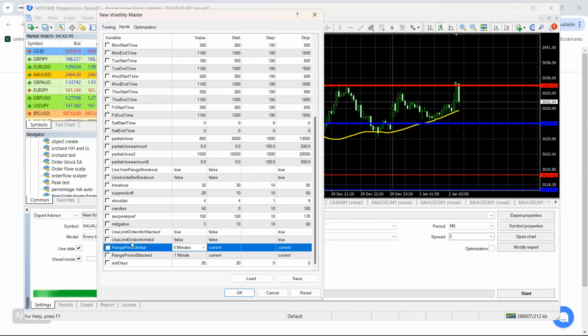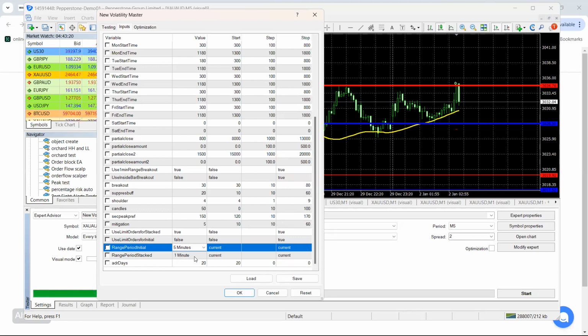But what you can do now is you can set a different range period for the initial trade, and then a different range period for the stack trades. So what I find is quite beneficial is that you use a higher time frame for the initial trade, meaning you're getting a more definite breakout because you're looking at a higher time frame. But then once you've got that direction started, then you can stack the trades based off the 1 minute.